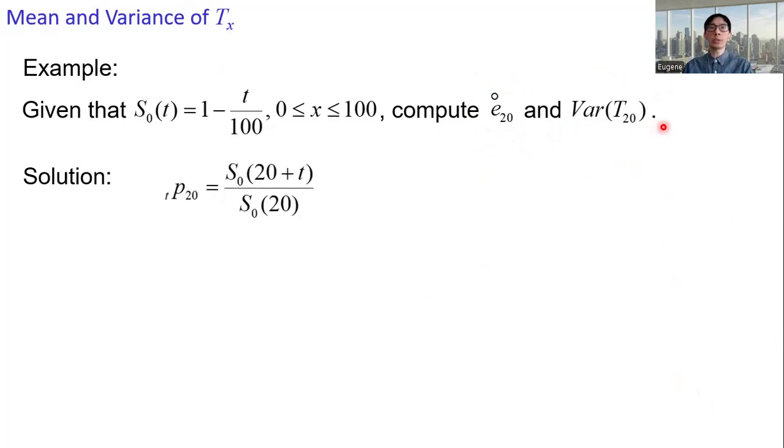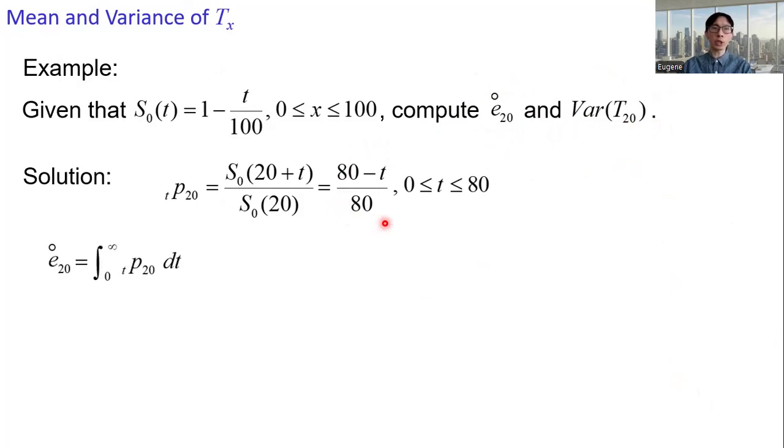All right, so we need an expression for tp_20, which equals (80 minus t) over 80. And then the complete expectation of life equals the integral of tp_20, evaluated from t equals 0 to infinity.